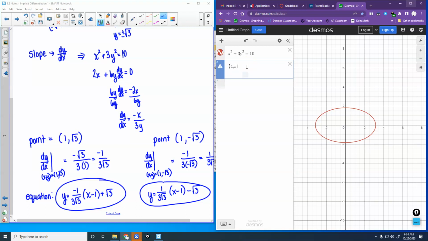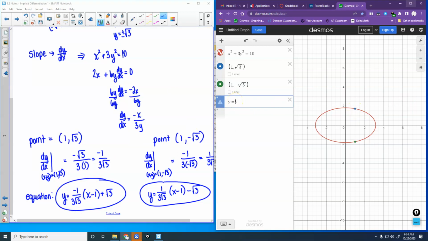1, square root of 3 and 1, negative square root of 3. Right? Those are the 2 points that we're looking at. So we found those by plugging in. Then we had to find the slope, and we could write our equation of the tangent line. So that first equation of the tangent line should go through that blue point right there.